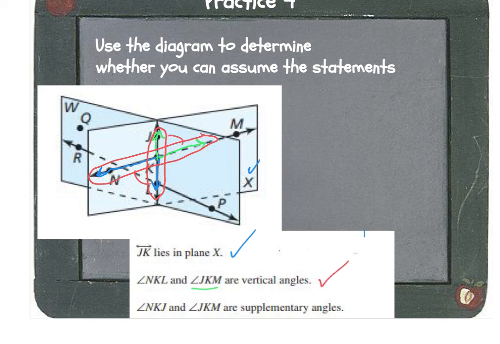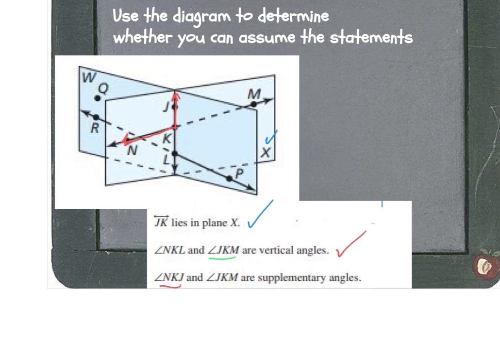Okay? And then NKJ, that's this angle right here, and JKM are supplementary angles.